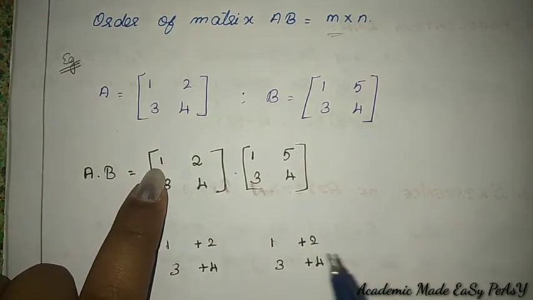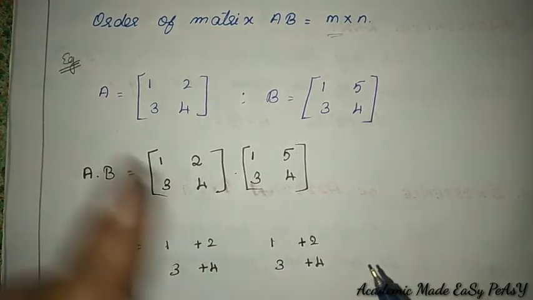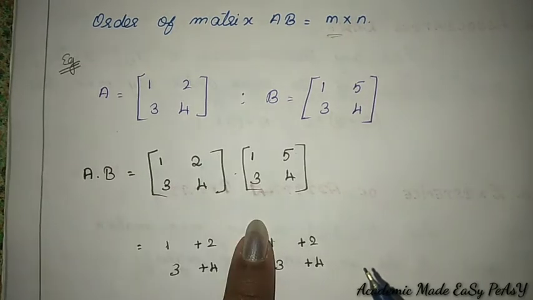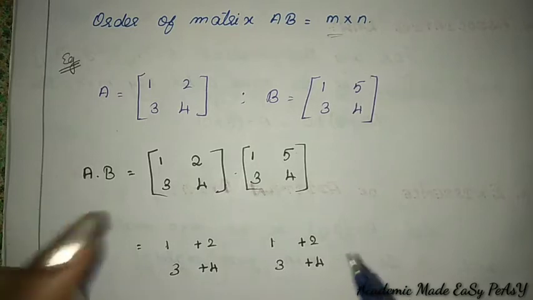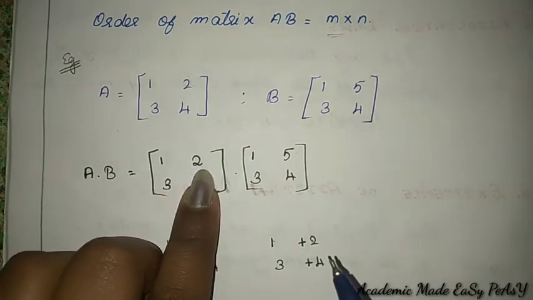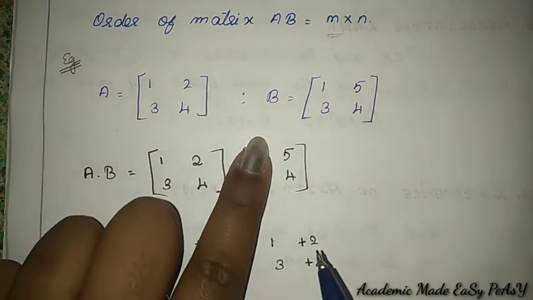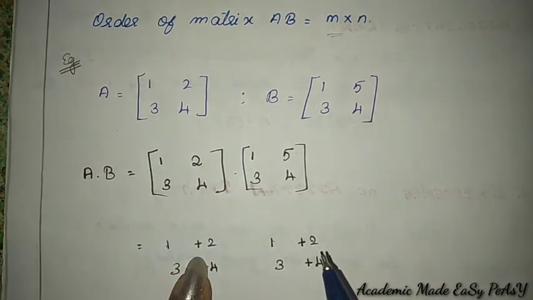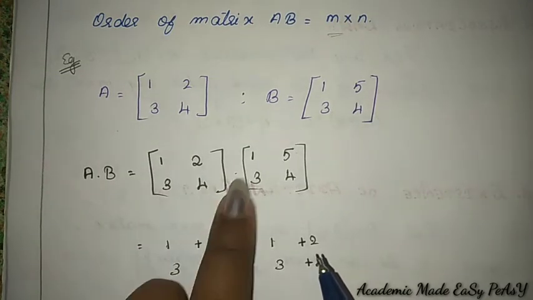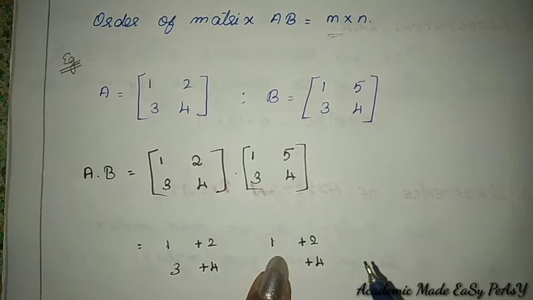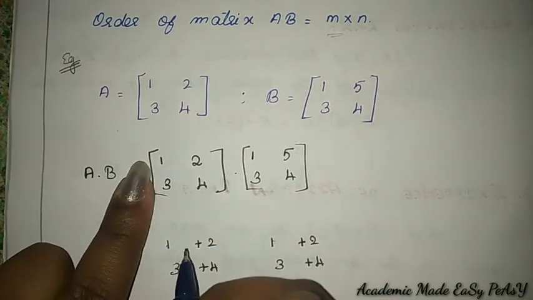So what I have to do is go through it like this. The row 1, 2 I will be multiplying with this column and with that column. So be clear. First row of the first matrix I will be multiplying with the first column first, for A11. Next I will be going with first row with second column. Just see here, first element with first element.